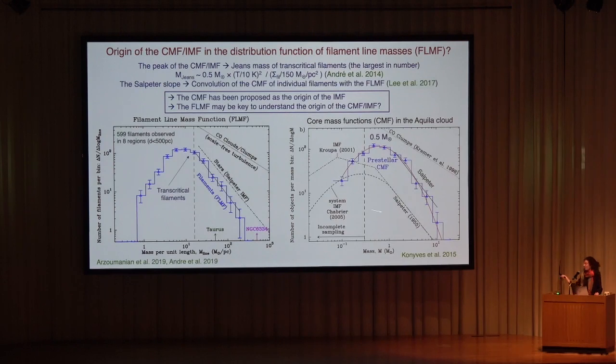And so the CMF has been proposed as the origin of the IMF, and now with this observation, we suggest that the filament line mass function may be important in order to understand the origin of the CMF and consequently that of the IMF. Okay, I will stop here, thank you, and Rachel will continue by giving some results on the dense core properties.